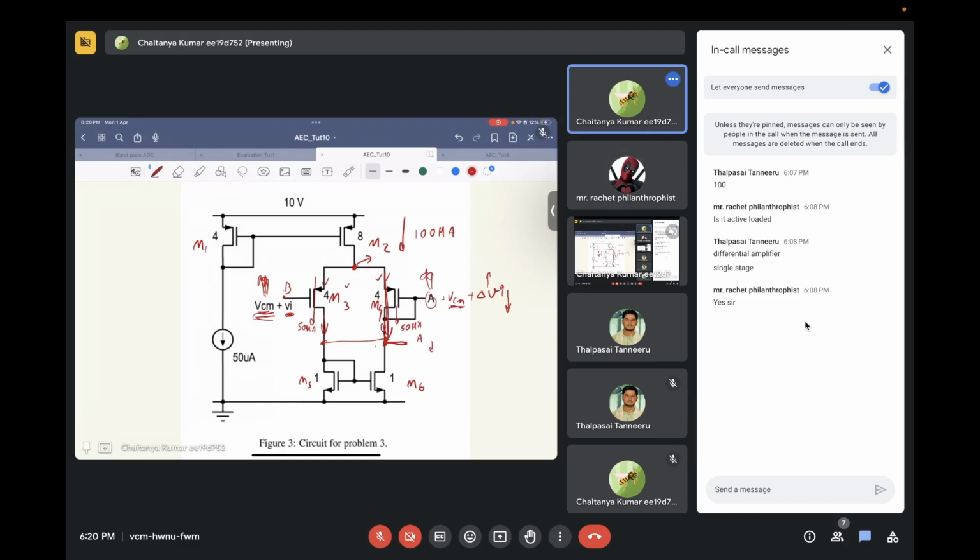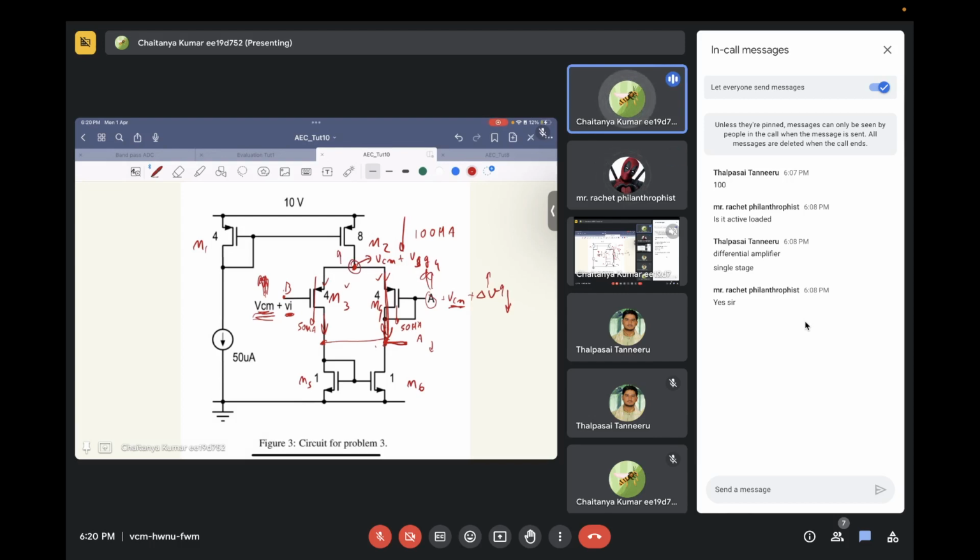VCM plus delta V, plus VSG4. You understand? Yes, sir. So if I'm increasing VCM, this node is increasing, right? Yes, sir.